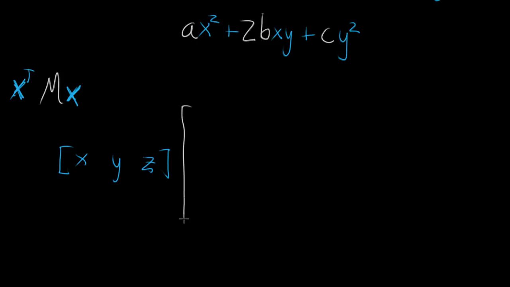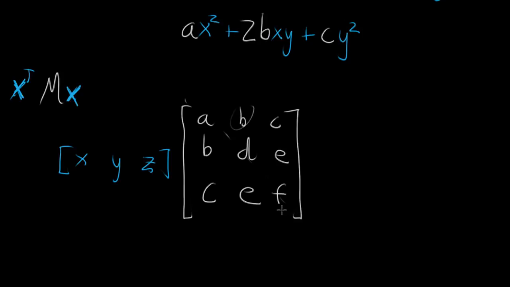And then our matrix, let's say it was A, B, C, D, E, F. Because it needs to be symmetric, whatever term is in this spot here needs to be the same as over here, when you reflect about that diagonal. Similarly, C is going to be the same term here, and E would be over here. So there are only really 6 free terms, but it fills up this entire matrix. And then on the right side, we would multiply that by x, y, z.